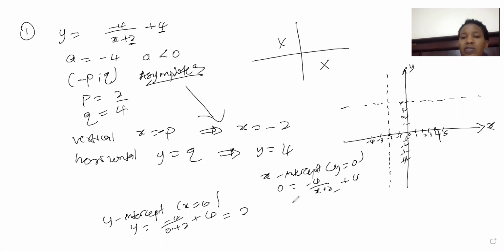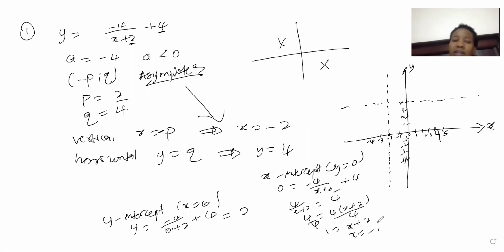Let's solve for x. So 4 over x plus 2 is equal to 4. Cross multiplying, 4 is 4 times x plus 2. Then we divide by 4: 1 is equal to x plus 2. Therefore, x is minus 1.